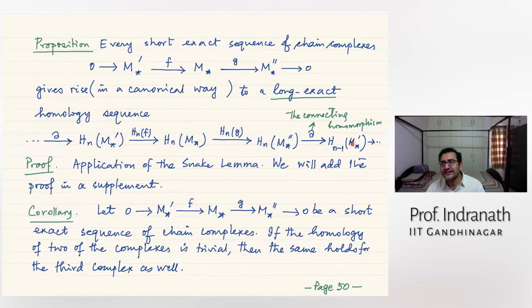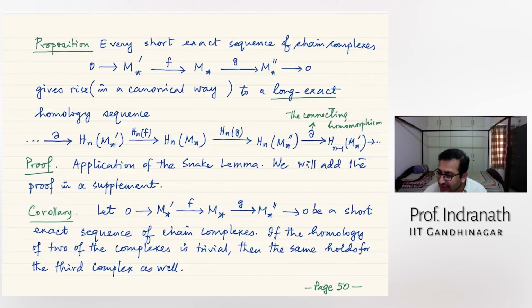So you can understand this is what we are going to do, because the left derived functors have been defined as the homology of some complex, isn't it? The complex obtained by applying the functor on the projective resolution. So basically, if I can somehow create a short exact sequence of chain complexes, then I'm done.